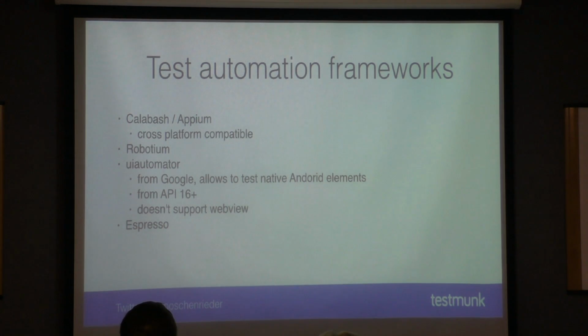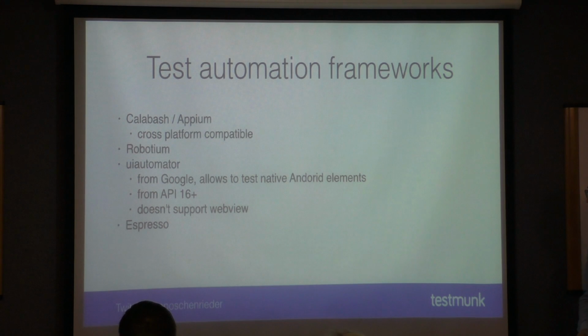Just briefly to mention, in terms of test automation, some of the frameworks that are out there. You have Calabash or Appium that are available both on iOS and Android, so you can leverage certain cross-platform capabilities. These are open source. Robotium is already a little bit older. There you have to write the test in Java. UI Automator is one from Google.